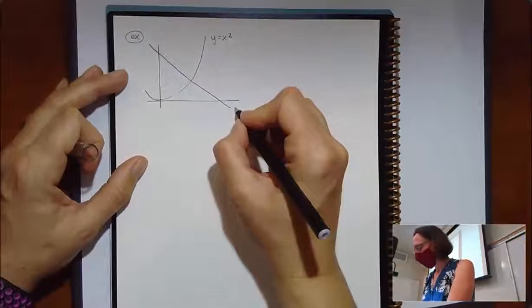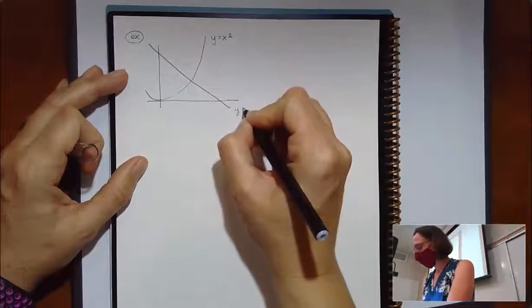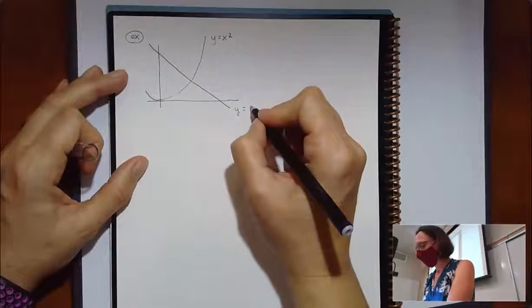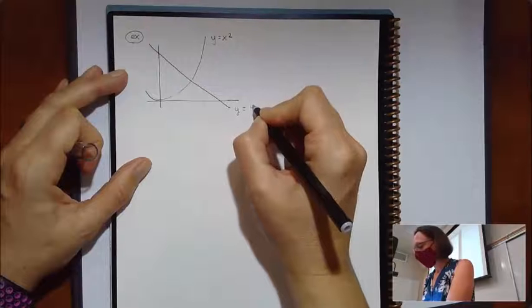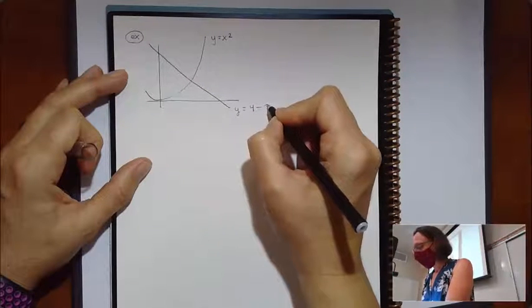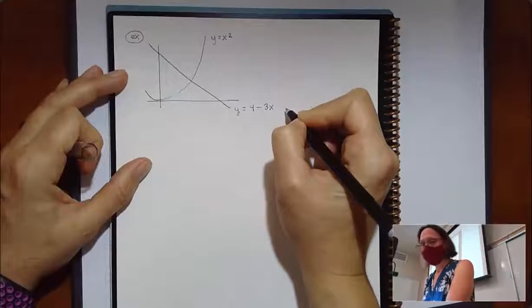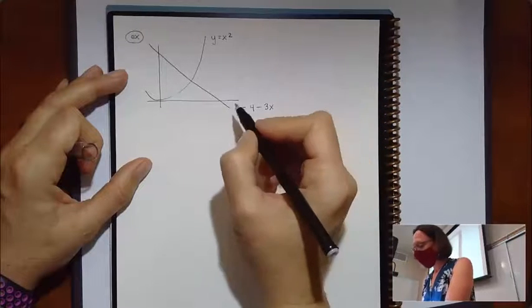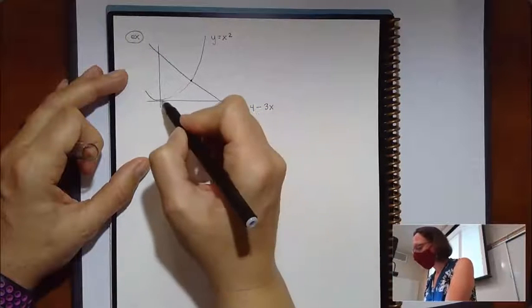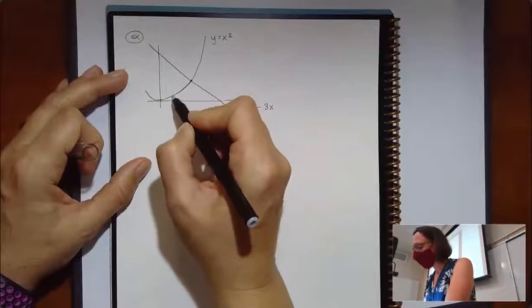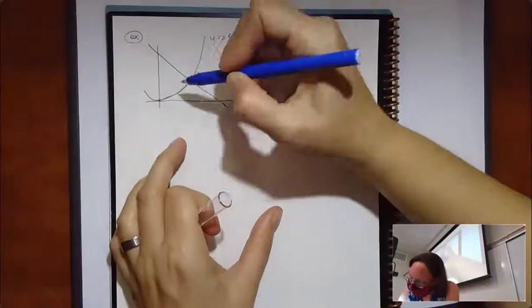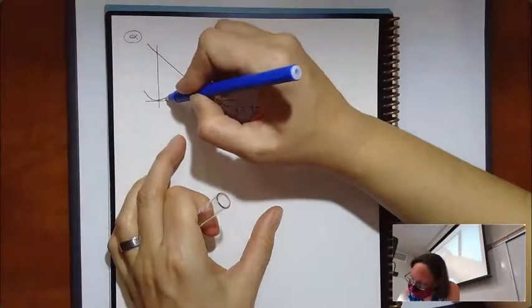That is y equals 4 minus 3x. I'm not going to give you the intersection point. You can find it. It won't be bad. But the area that I want to find is the area in here.